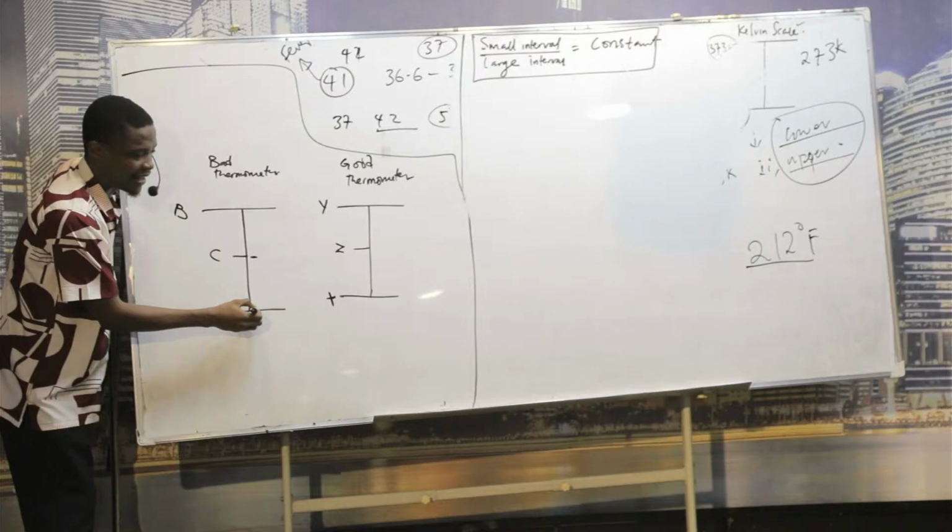A good thermometer for the Celsius scale should record 0 at the lower fixed point, and 100 at the steam point. 105 is it a good thermometer or a bad one? A bad one. Is that making sense now? So the bad one records 5 at the lower fixed point instead of 0, and 105 instead of 100. They are now asking us what is the reading. Read it.